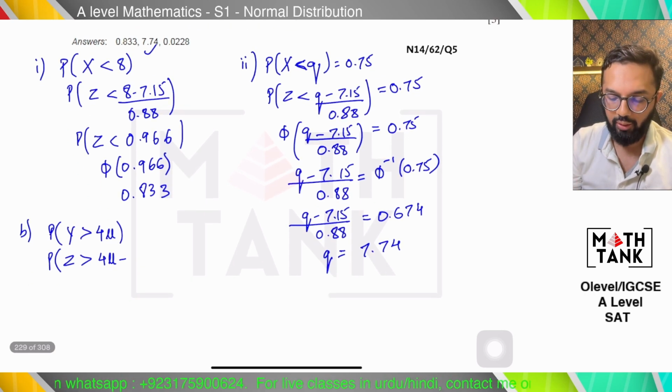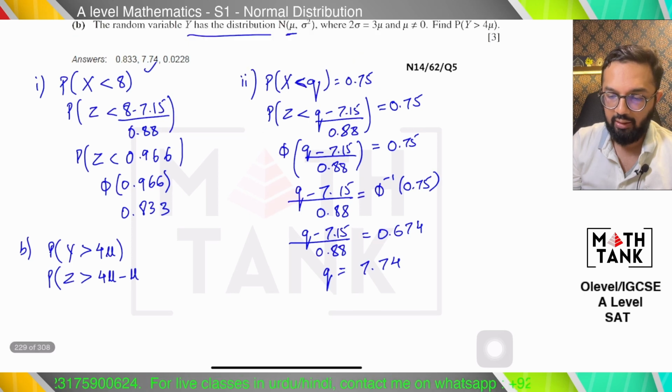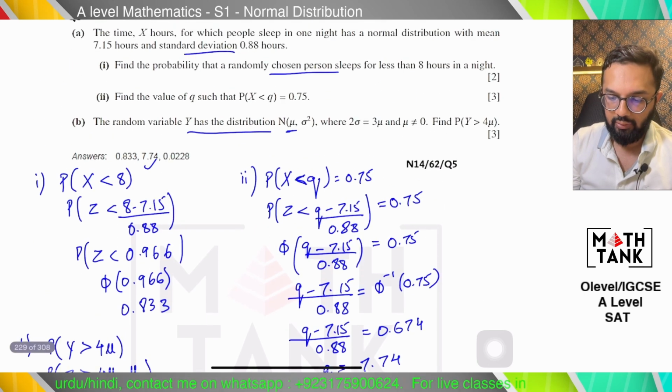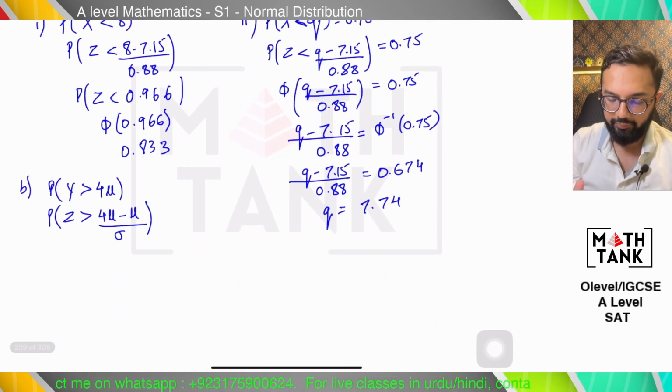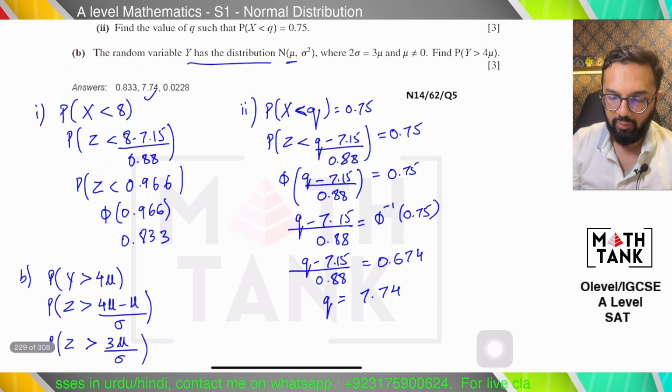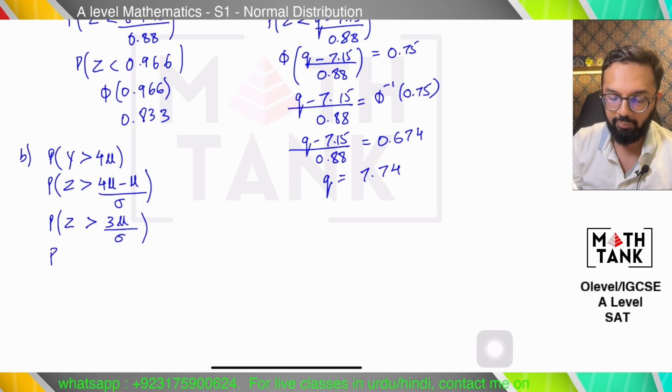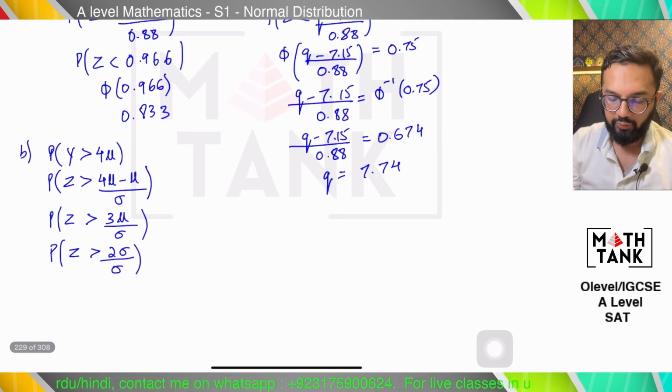I am no longer doing x. I'm doing y divided by sigma. The probability of z greater than 3 mu divided by sigma. What's the equivalency I have? 3 mu equals 2 sigma. So 2 sigma divided by sigma. So I have z greater than 2 only.